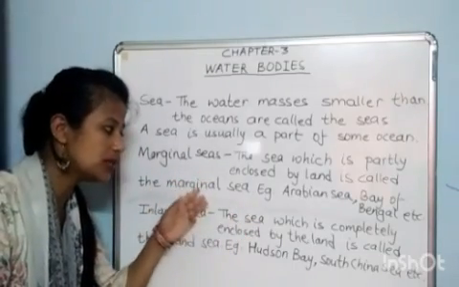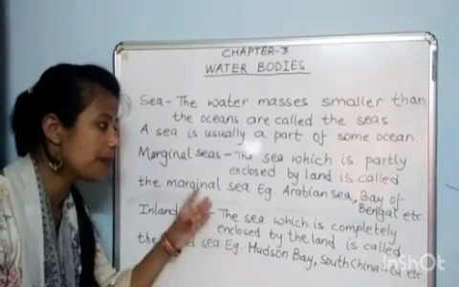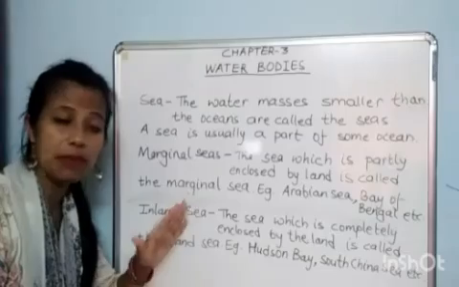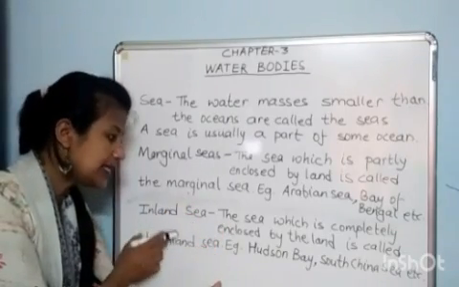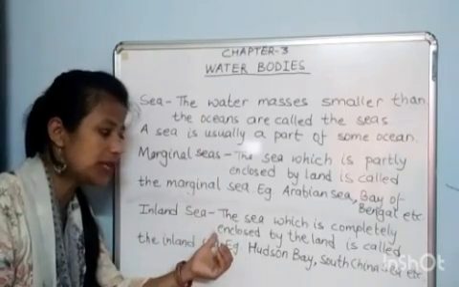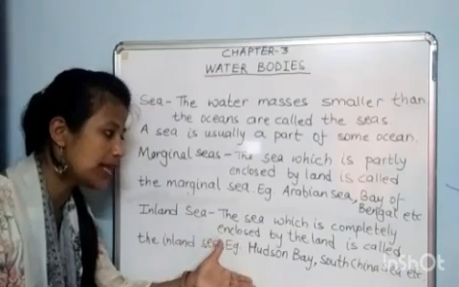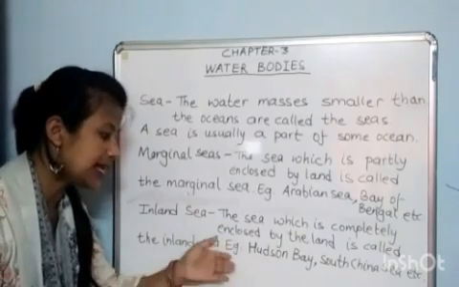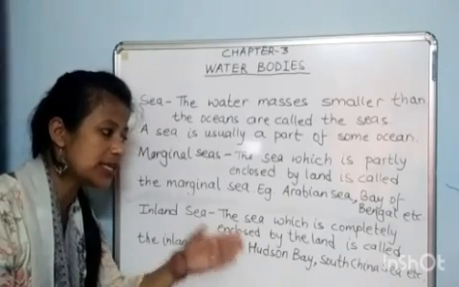Example, Arabian Sea, Bay of Bengal. Inland sea: the sea which is completely enclosed by land is called the inland sea. Example, Hudson Bay, South China Sea, etc.